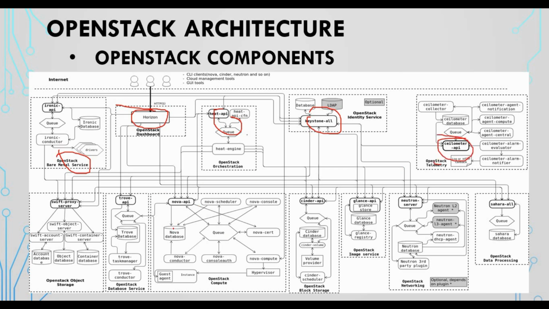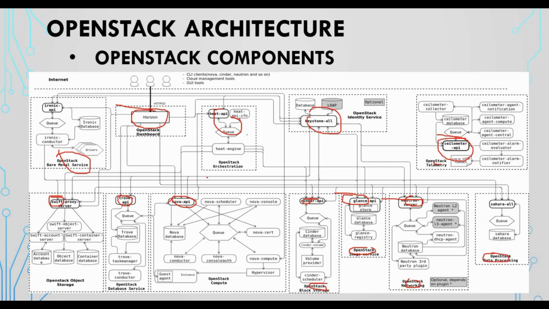You also have Nova here, which is going to create your virtual machines. We have something called Trove, which is the OpenStack database service. You have Swift here, which is your object storage. You also have block storage, which is your Cinder. You have Glance, which is your image service. We have Neutron, which is your networking service, and you have something called Sahara, which is OpenStack data processing.